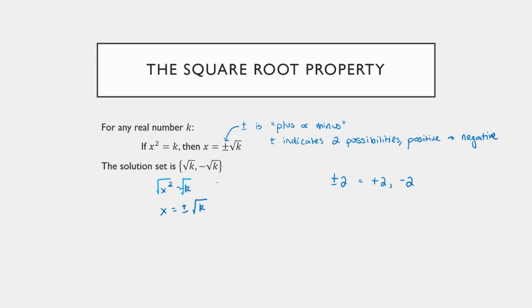And so then you can write the solution set as plus or minus square root of k, or you can write it in curly braces as square root of k and negative square root of k. So this is just a technique for solving that says that you can take the square root of both sides. And we get two values for the square root when we're solving.